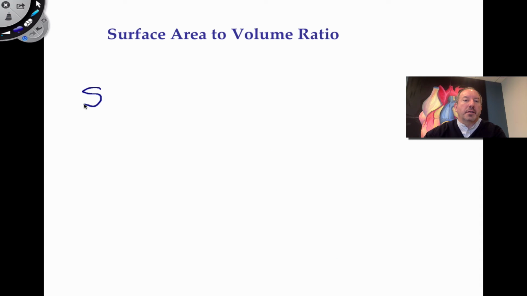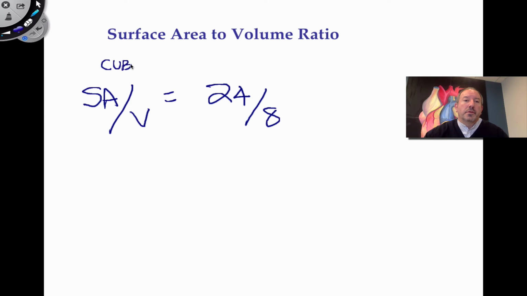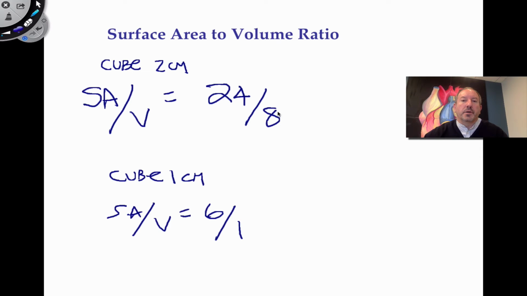So the surface area to volume is 24 over 8. And if I reduce that, this is the cube of 2 centimeters. And then the cube of 1 centimeter, if you remember that, surface area to volume is 6 over 1. Now, if I were to reduce the 24 over 8, I would come up with 3 to 1.